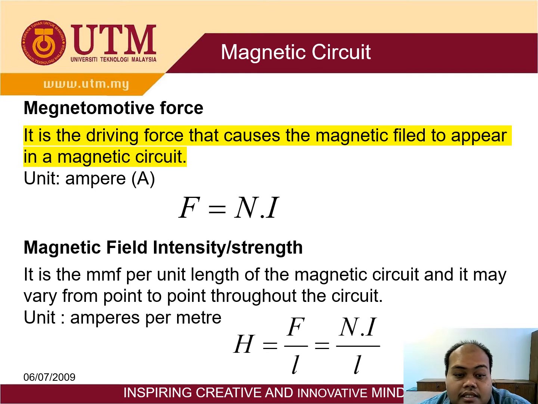Magnetic field intensity is the mmf per unit length of the magnetic circuit, and it may vary from point to point in the circuit. The unit is also important: ampere per meter, or ampere turn per meter. The calculation is just H equals F divided by L. So remember the formula.